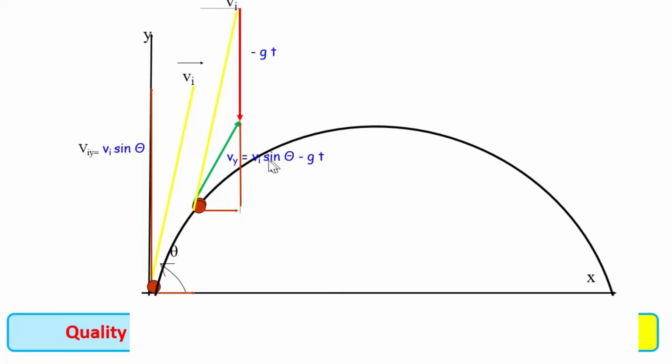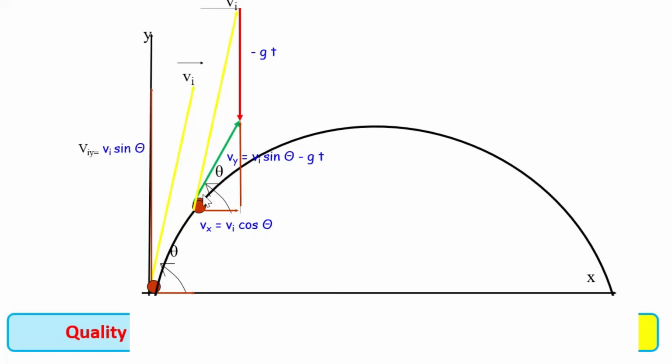Initial velocity was Vi sine of theta, shown by this vector. This is the component initially given along the y-axis, and this has decreased by the amount of the red vector. So the difference will be this brown vector along the y-axis, and along the x-axis, that is Vi cos of theta.